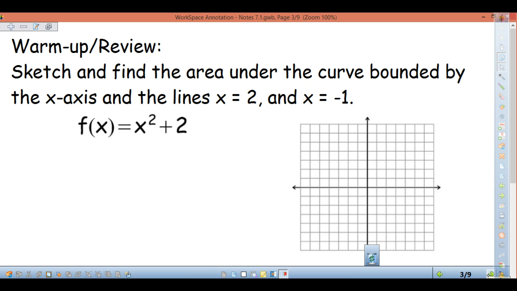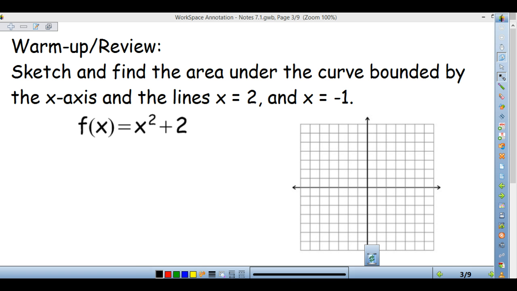So back in Chapter 4, when we practiced with this concept of finding area under a curve, we did something like this problem. Sketch and find the area under the curve bounded by the x-axis and the lines x equals 2 and x equals -1. One of the first things you probably did, if you weren't provided with one, was to sketch out the region that you were finding.